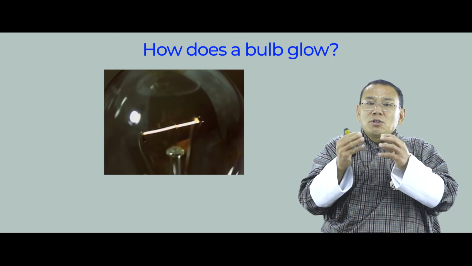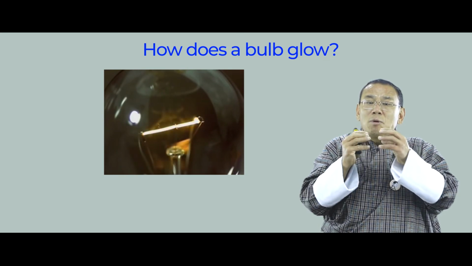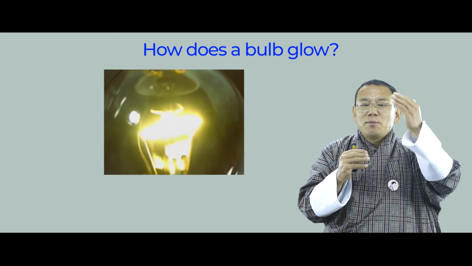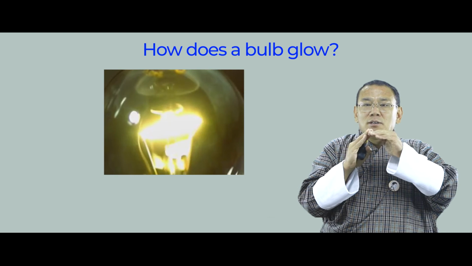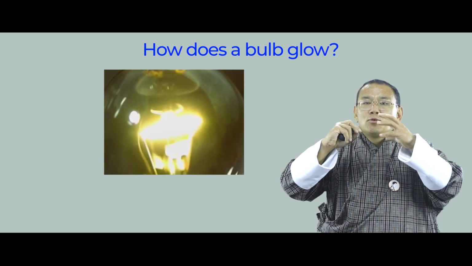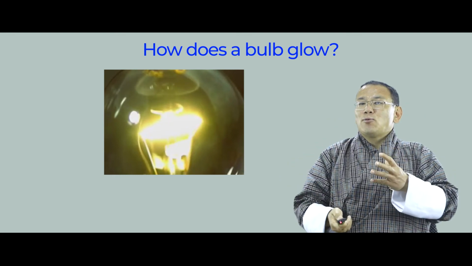The heat produced in the tungsten wire is so much that the tungsten wire glows. And because tungsten has a high melting point, it doesn't melt, meaning it keeps the connectivity and glows constantly. This is the reason why the bulb glows. We can say that the bulb glows because of the electrical resistance.